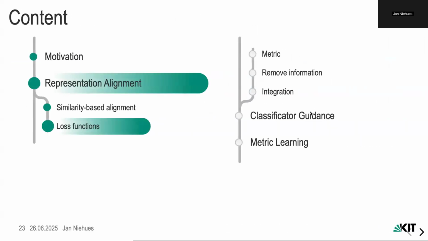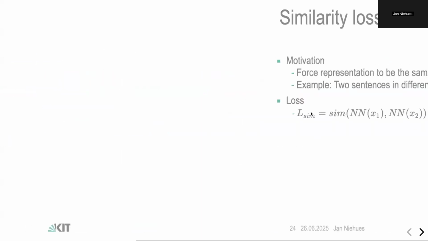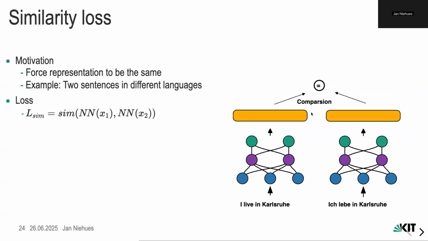Okay, so first have a look at the loss function. The easiest thing is we say we want to make things the same. So the easiest thing is to have a similarity loss, which means we are measuring the similarity between the outputs. We're putting the one input to the network, and we're putting the other input to the network.